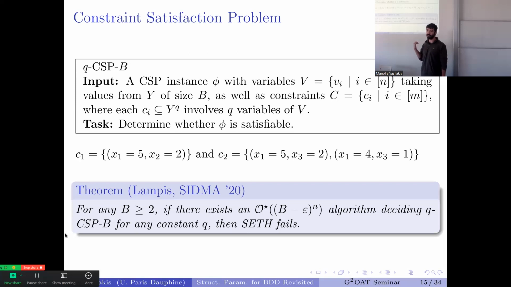This simplifies the constructions a lot. And this tells you that for any B, if you had such an algorithm for any constant Q, then SETH fails. So this is the starting point of our reduction.